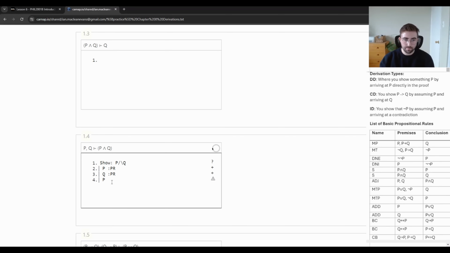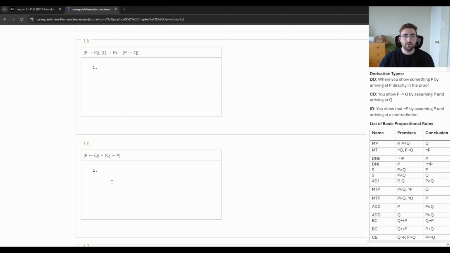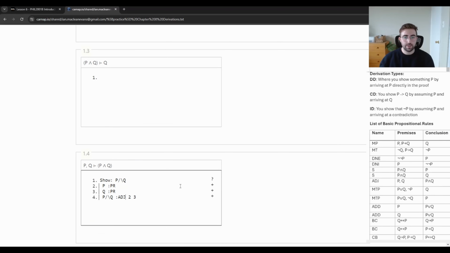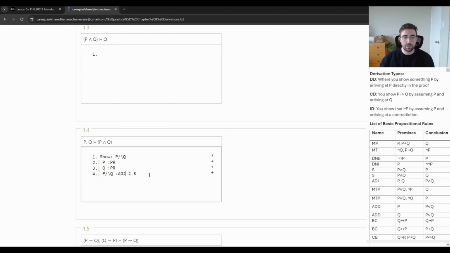So we'll have P and Q. And we have that from adjunction on lines 2 and 3. Whoops, didn't have my number lock on there. On lines 2 and 3. And you can see the system is happy with that. We used a rule that it likes. And there you go. Now we can just close our proof on line 4 because we got what we were trying to prove. And this is a rule of direct derivation. So you cite direct derivation.